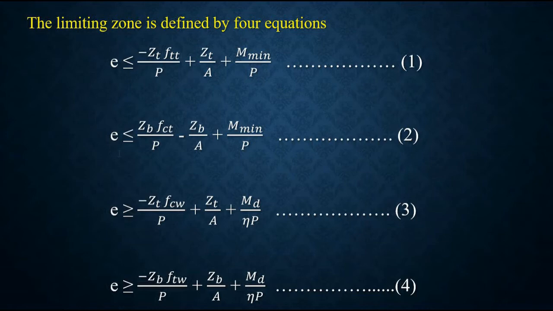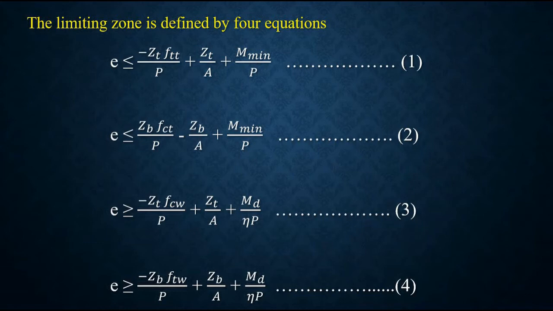The second equation is e is less than or equal to ZB FCT whole divided by P minus ZB by A plus M minimum by P.